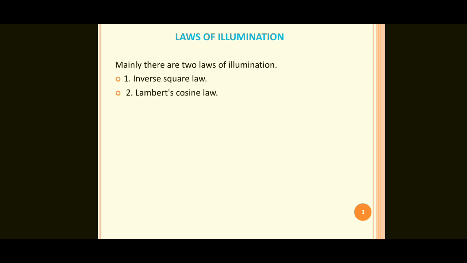In the laws of illumination, mainly there are two laws: the inverse square law and Lambert's cosine law. First one is the inverse square law and second one is Lambert's cosine law.